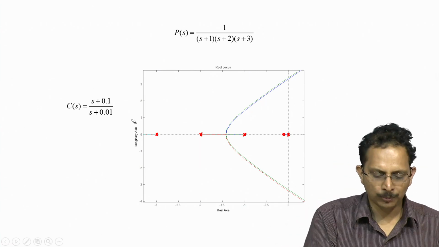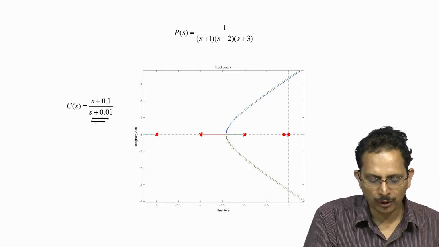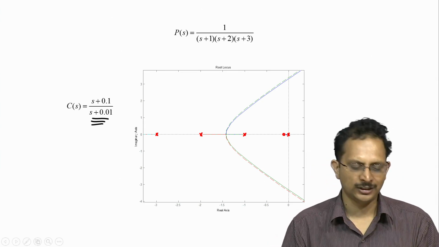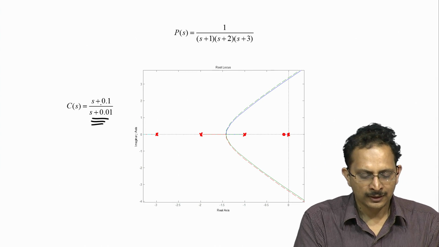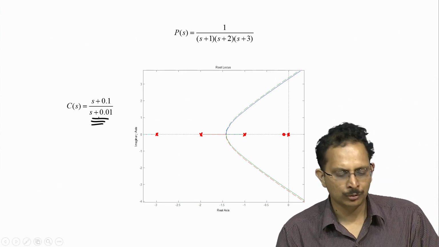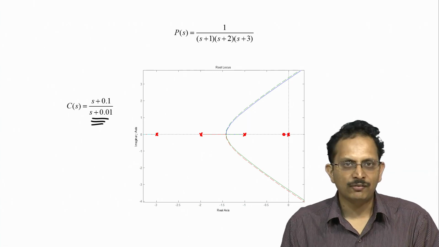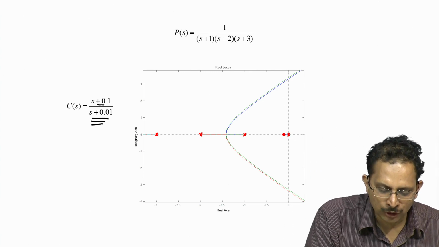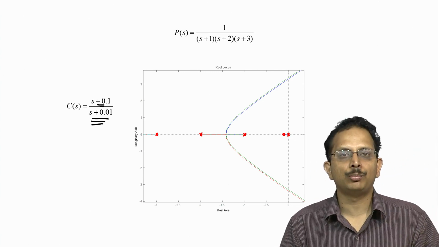Here we have chosen to place a pole at s is equal to 0.01, and this was intended to improve the performance in the low frequency region. And in order to prevent the pole added at s is equal to minus 0.01 from affecting the overall root locus, we have chosen to also add a zero close by at s is equal to 0.1.